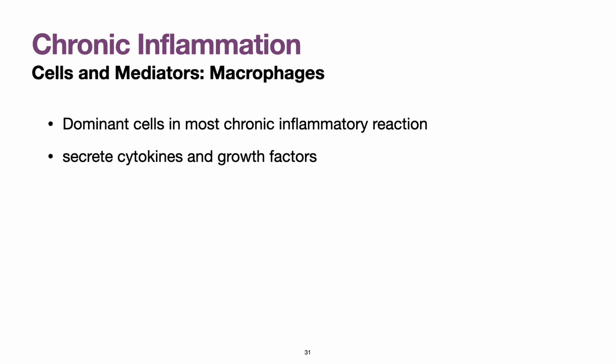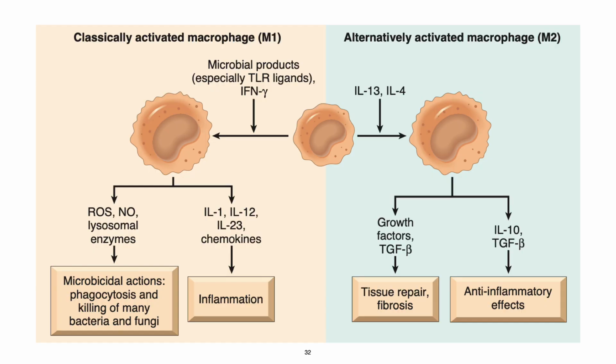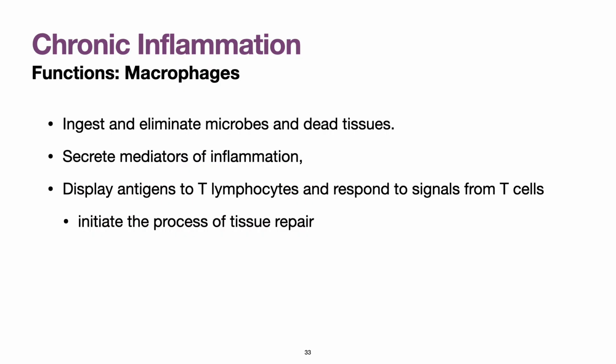And there are macrophages, which are the dominant cells in most of the chronic inflammatory reactions, which secrete cytokines and growth factors. They are activated using two different pathways: classically activated macrophages in M1 and alternatively activated macrophages in M2. Their functions: ingesting and eliminating microbes and dead tissues, secreting mediators of inflammation.